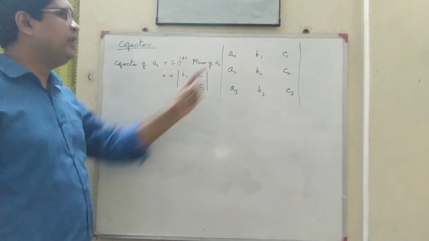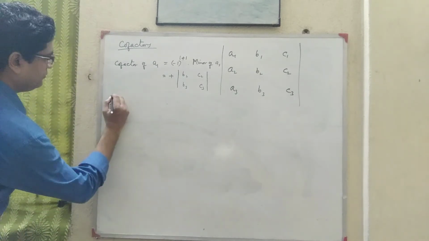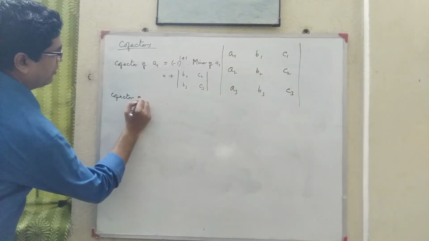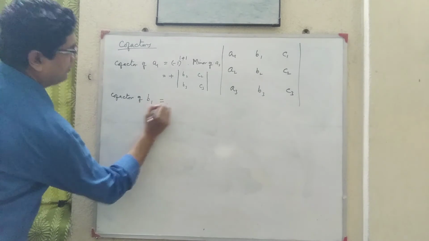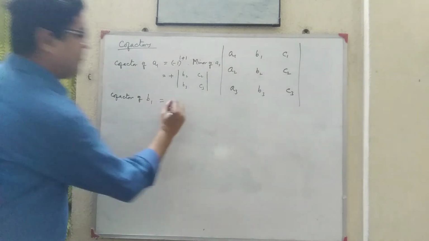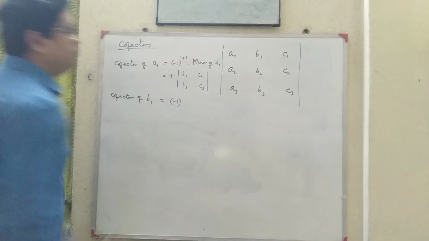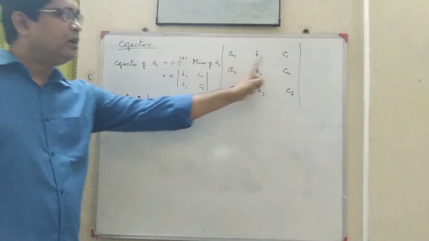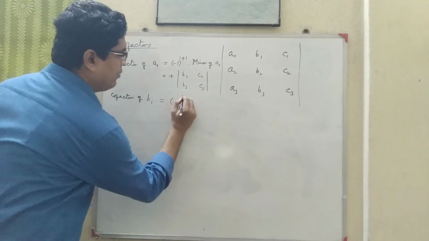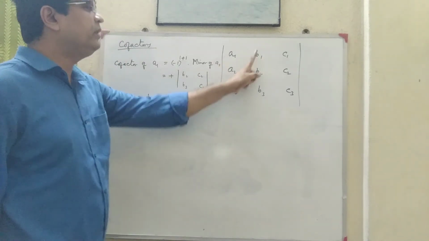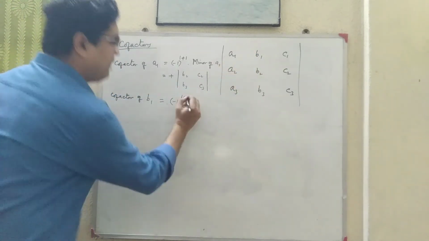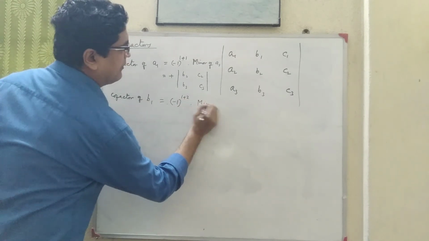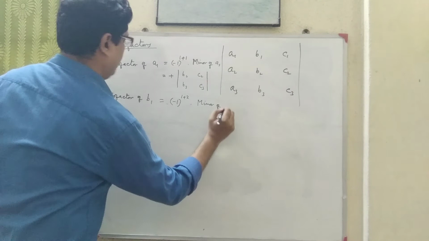Suppose we want to find the cofactor of B1. Now to determine the sign, we write -1 to the power, look, B1 lies in the first row, so the row number will be 1, plus B1 lies in the second column, so the column number will be 2, into the minor of B1.